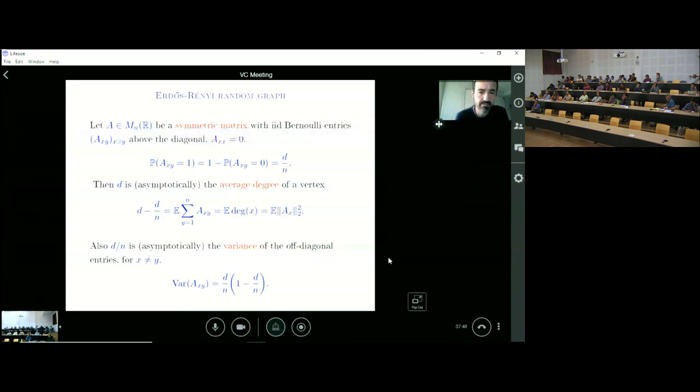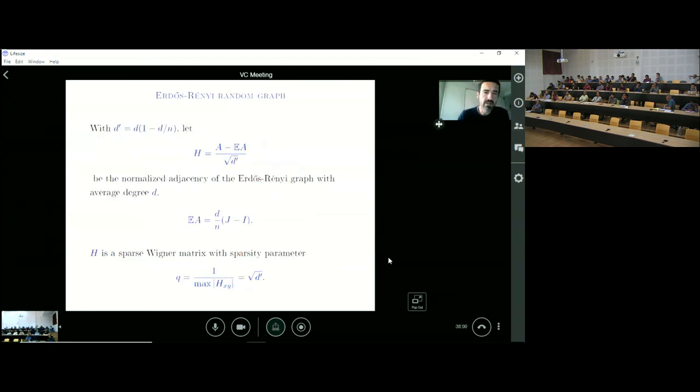And d over n is the variance of the entries, up to a small correction. So if you consider the renormalized matrix H, where you recenter the Bernoullis and you divide by square root of d', where d' is almost d, then you obtain exactly a sparse Wigner matrix.